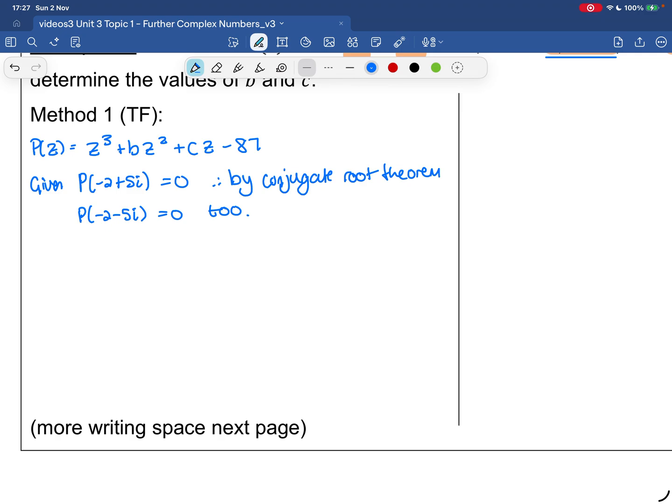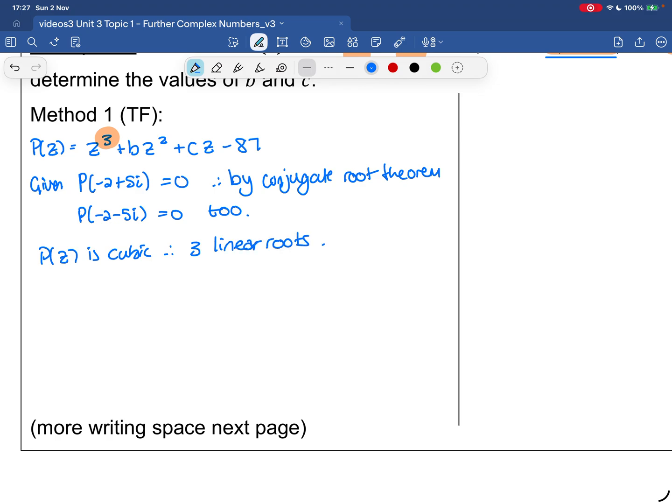Now, because this is a cubic polynomial, I know that if I've got two linear roots, my third root must also be linear. So let's state that. P of z is cubic, therefore I have 3 linear roots.